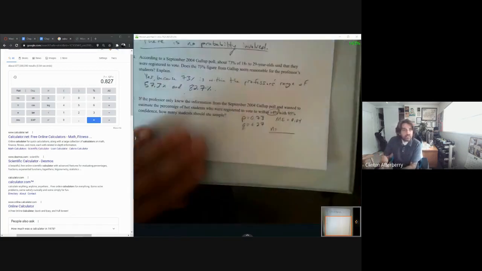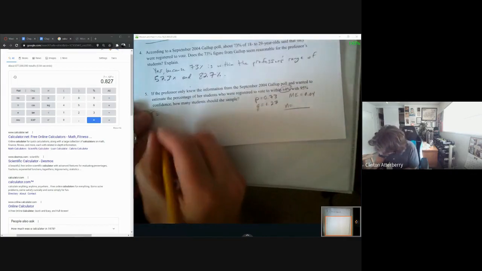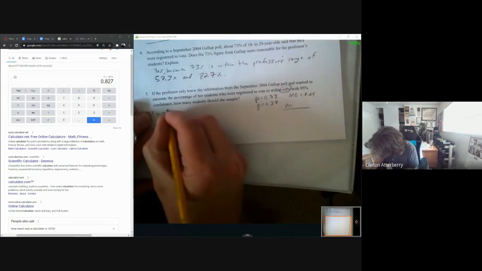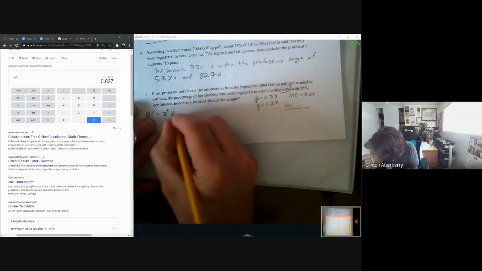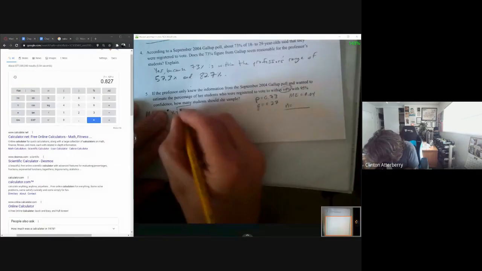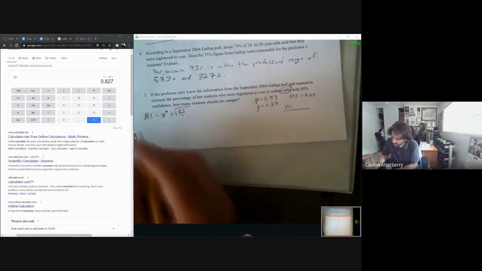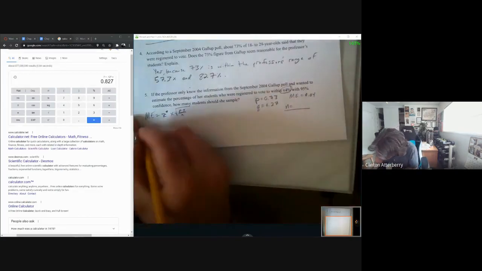All right. So we're going to do this. We're going to say the margin of error is equal to that Z star times the square root of P times Q divided by N. But we don't know our N value. Okay, we know the margin of error is going to be 0.04.